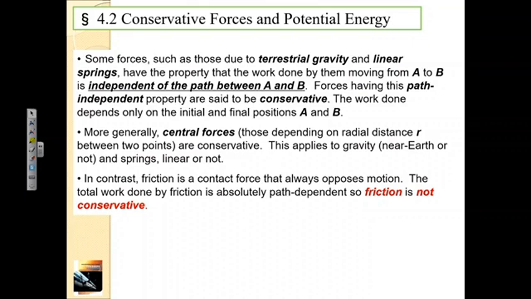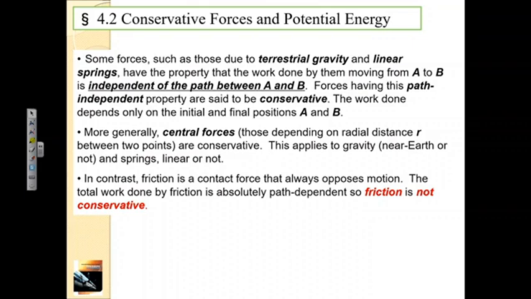And as I work my way through these hills along this path, you think about the work that I'm getting, right? So mg is always pointing down. But to climb this first hill, my dr is going up, right? So my force is in the opposite direction of my displacement. So when I do this dot product, I end up getting a negative value.